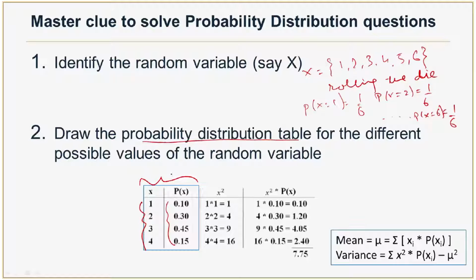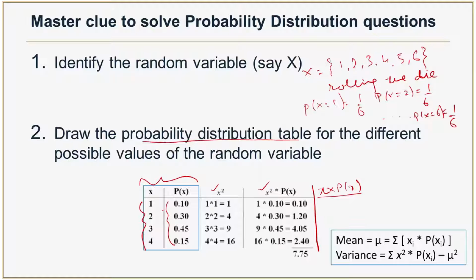Now once you have computed this probability distribution table, all you need to do is find x square into p of x to find the variance, and to find the mean, you will have to find the value of x into p of x and then sum up those values.